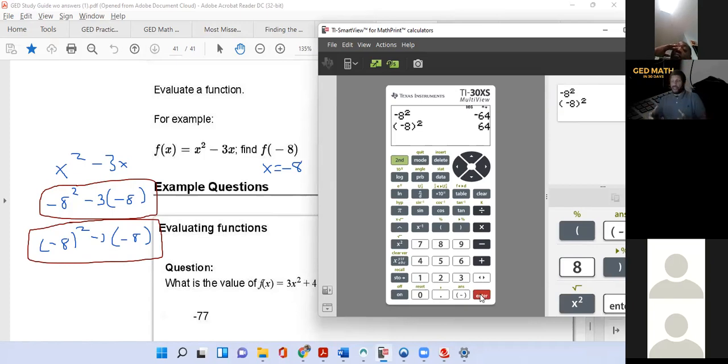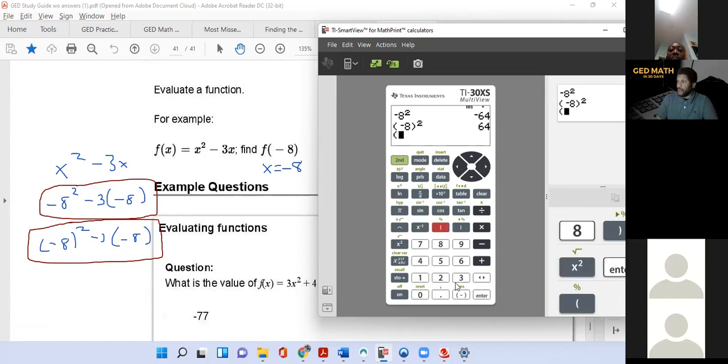So my suggestion to you is when you have a negative number, whether you're using slope, evaluating the expression, or evaluating the function, put the negative in parentheses on your calculator. Because then this becomes easy. There are two ways you can do it. You can say, okay, -8 squared minus 3 times -8.